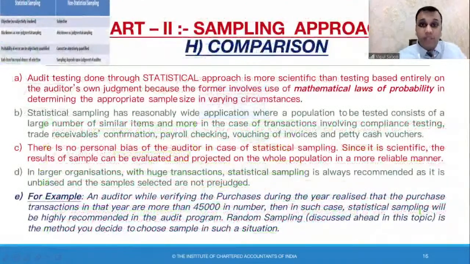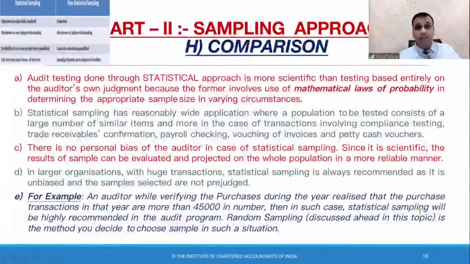So there is a comparison between the two approaches, statistical and non-statistical sampling. Audit testing done through the statistical approach is obviously more scientific than testing based entirely on the auditor's own judgment, because the former, statistical, involves use of mathematical laws of probability to determine the appropriate sample size in different circumstances.